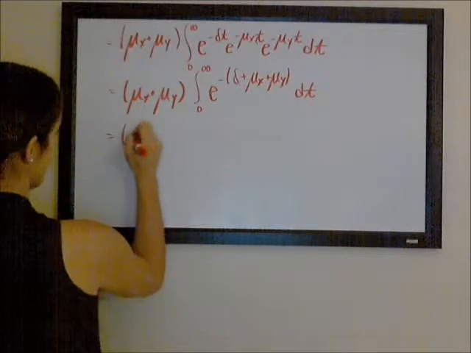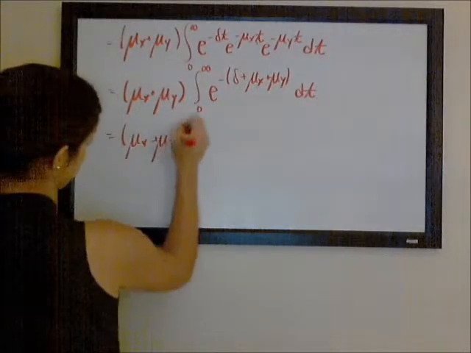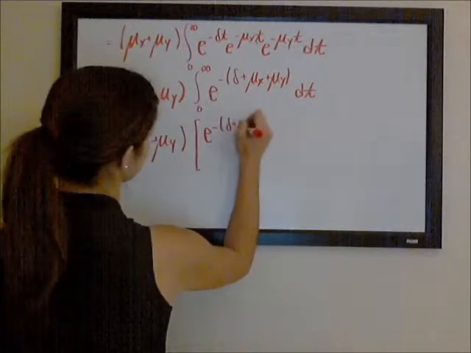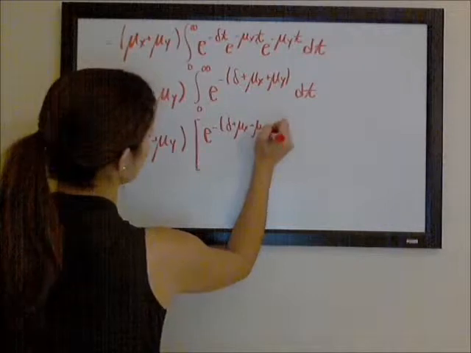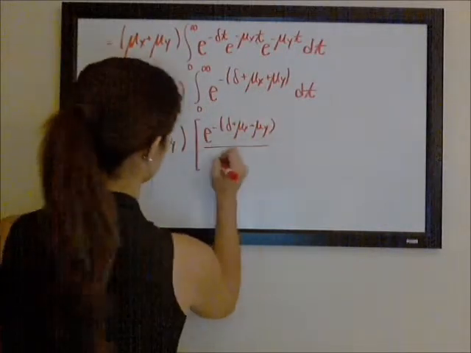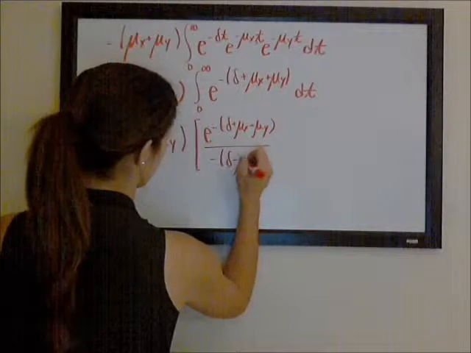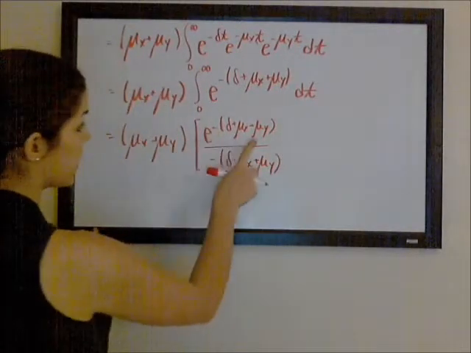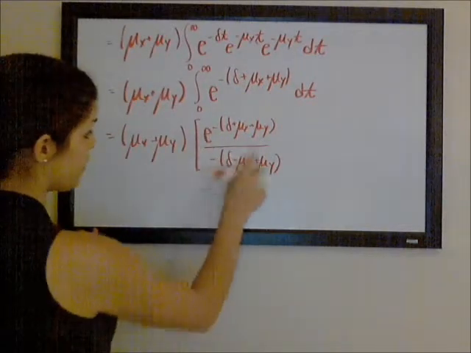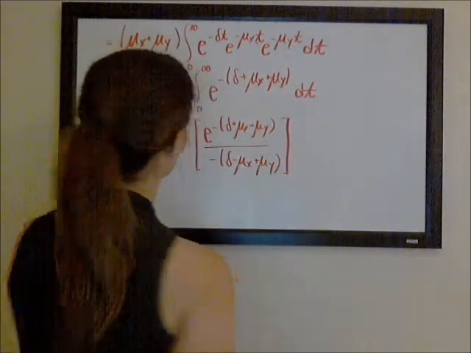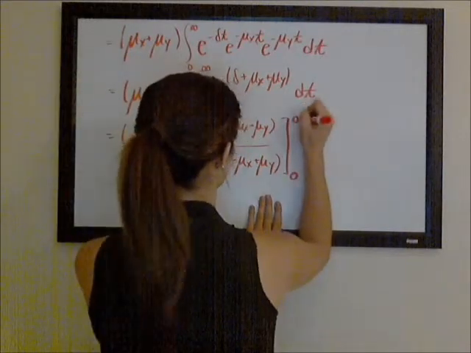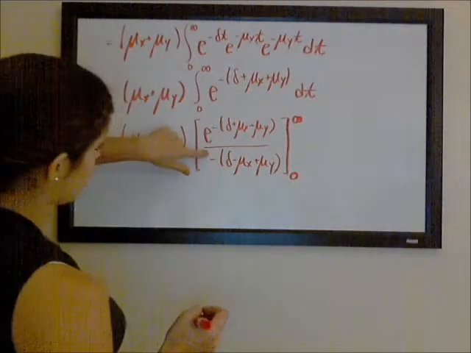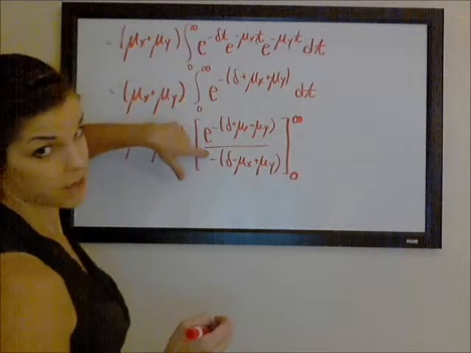When I integrate that, I get e to the negative quantity delta plus mu x plus mu y. This is all just a constant. So that becomes e to a constant over the constant, and that's being evaluated from 0 to infinity. I'm going to pull out this 1 over negative quantity delta plus mu x plus mu y.